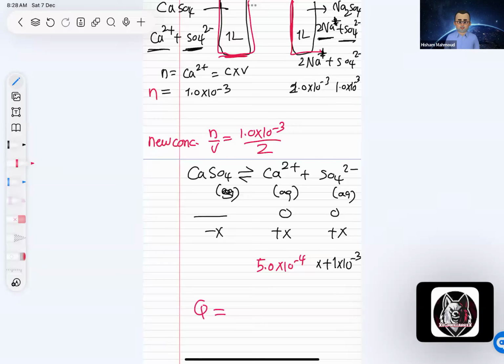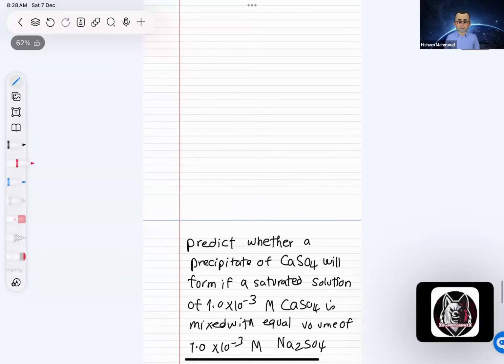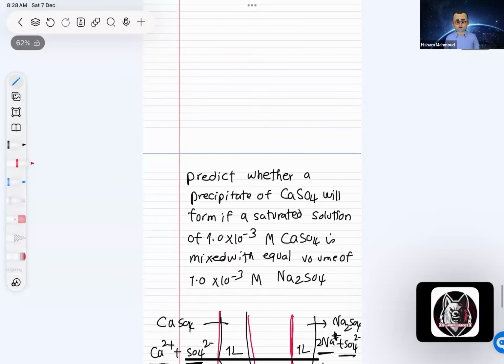Let's calculate Q, which is equal to calcium ions multiplied by sulfate ions, and he has given KSP is equal to 2 multiplied by 10 to the power of negative 5.